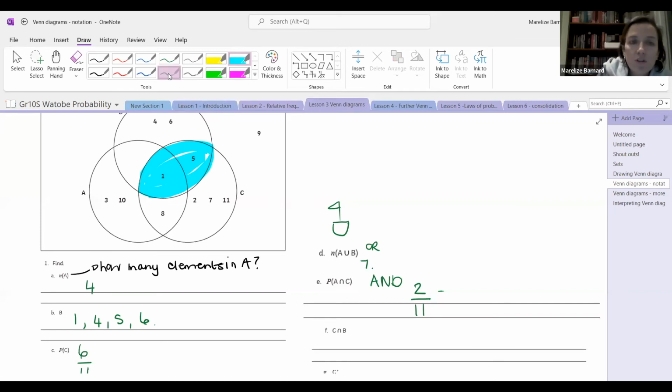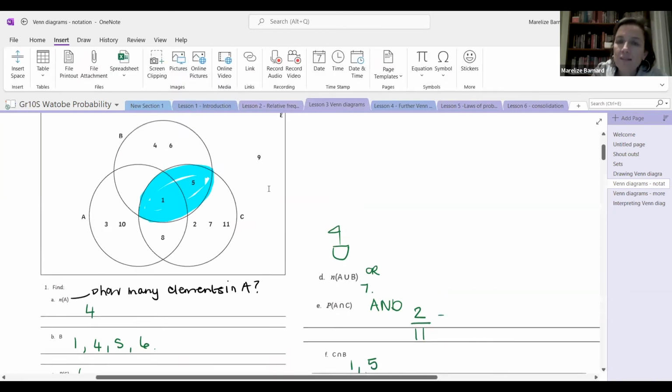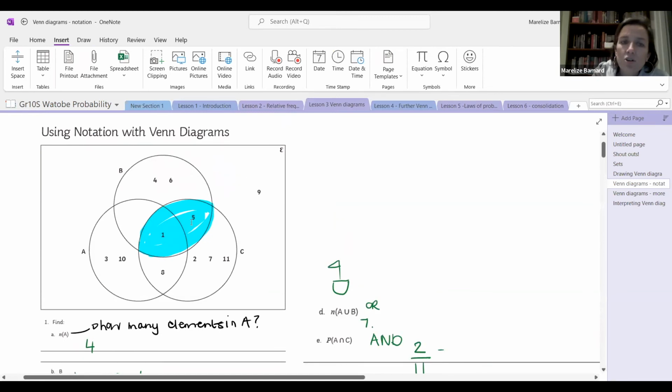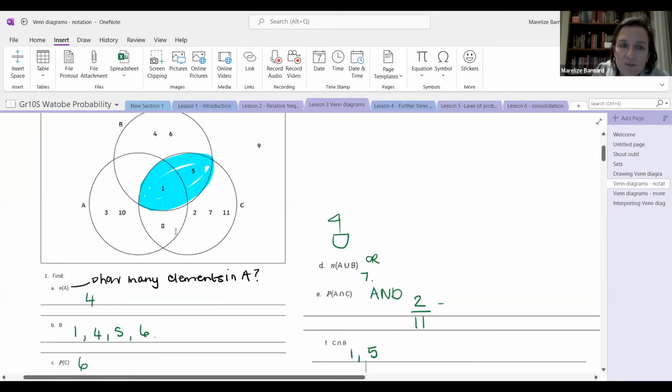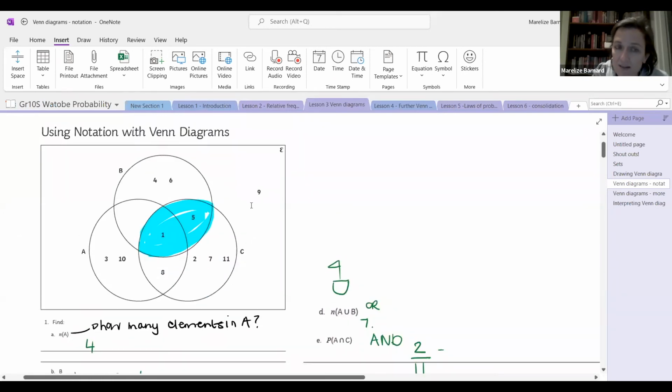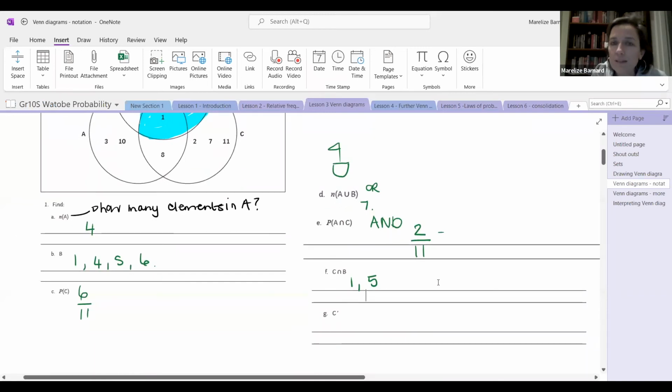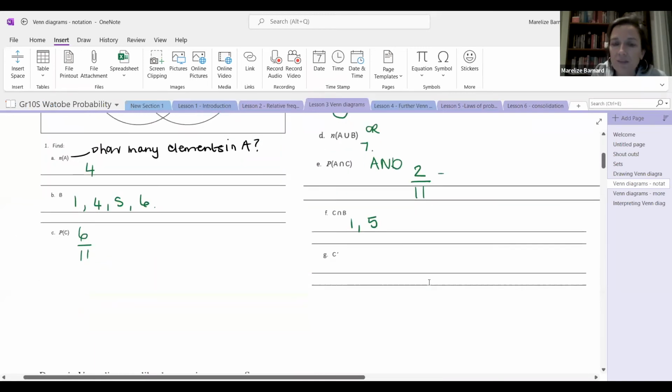And what are those? That is a 1 and a 5. And guys, remember, there are not eight total things in the sample space. The total sample space consists of 11 elements. So when we do the probability, it is going to be out of 11.